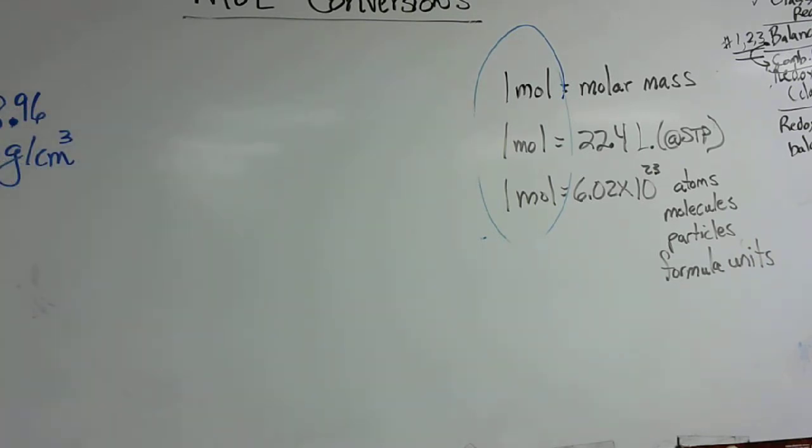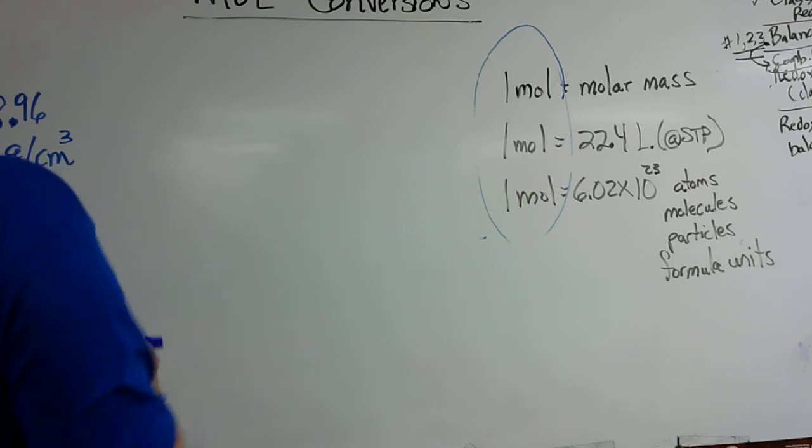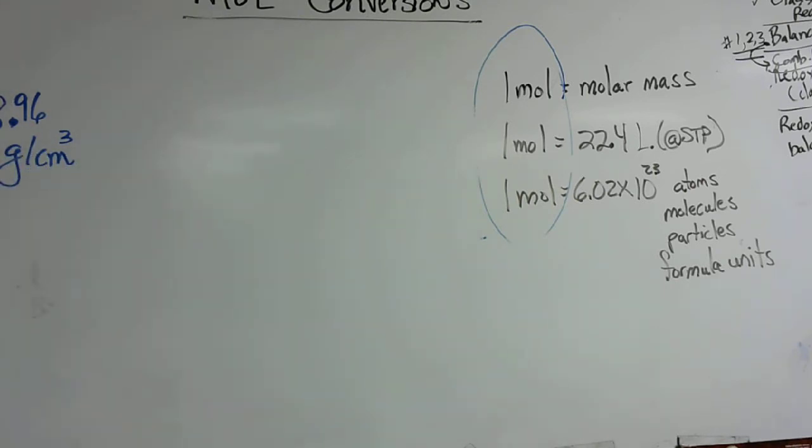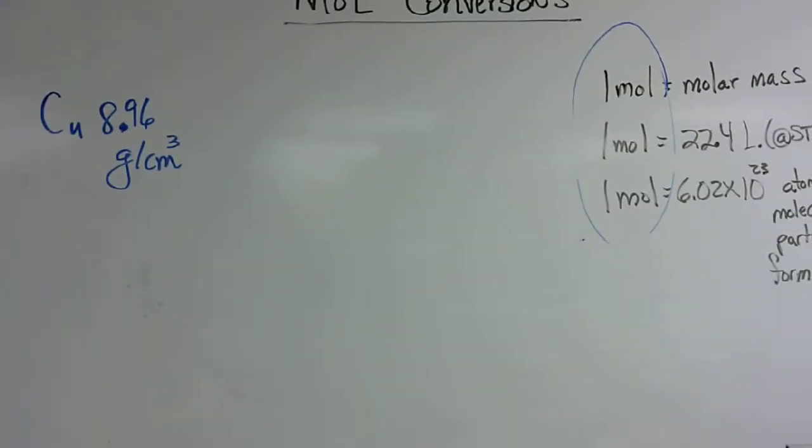Usually these things are provided in the answers anyway. So it'll say copper with a density of 8.96 grams per cubic centimeter, I'll move it over a little bit, is how many or what volume?